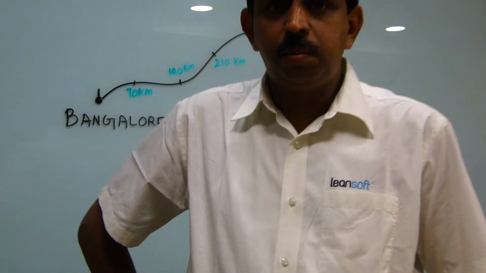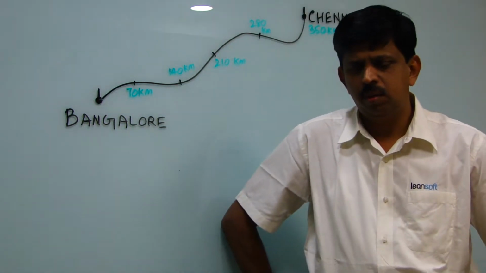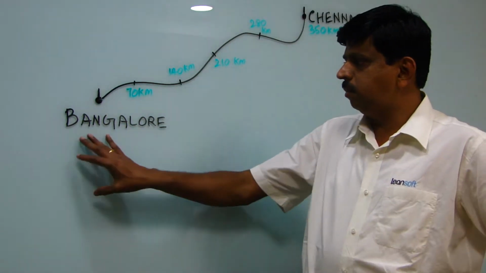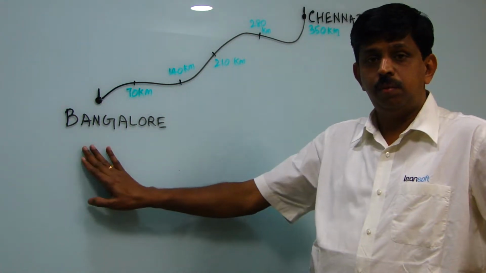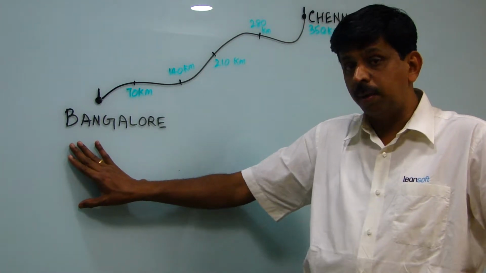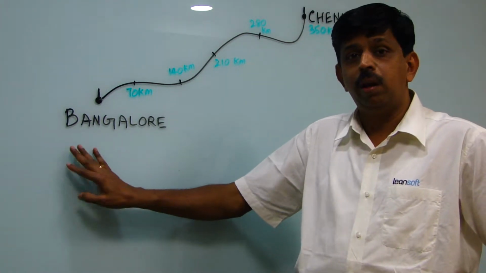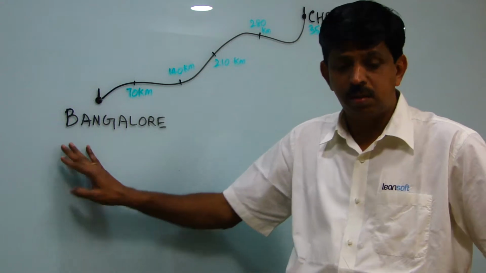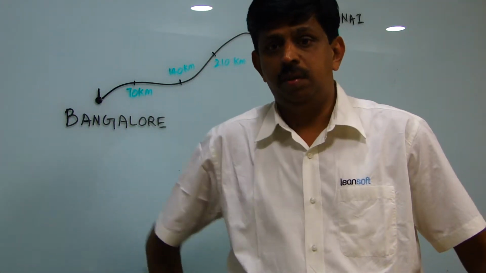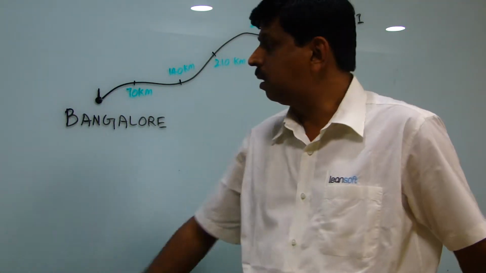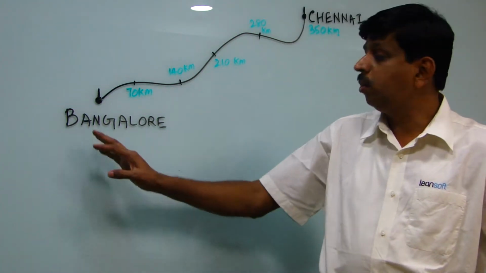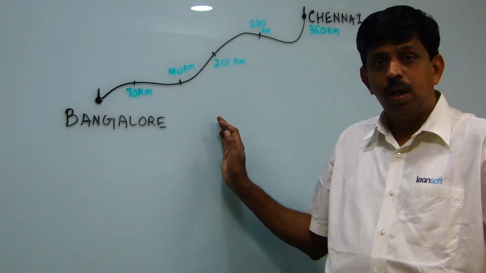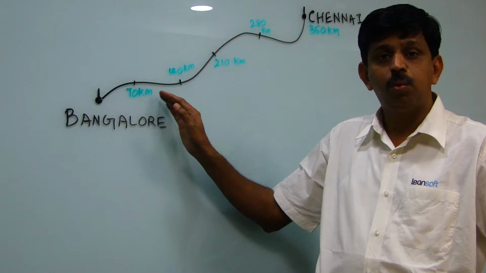One example is that I start from deep inside Bangalore city. It's a really crowded place, and I start around 9 o'clock in the morning on a working day. It's going to be really heavy traffic, right? So it's going to take at least 1 hour for me to get out of Bangalore. I'm nowhere near going to cover 70 kilometers in 1 hour.